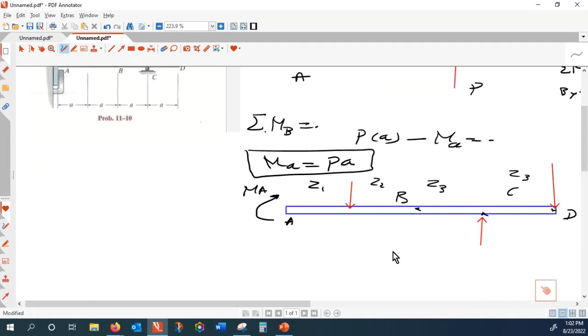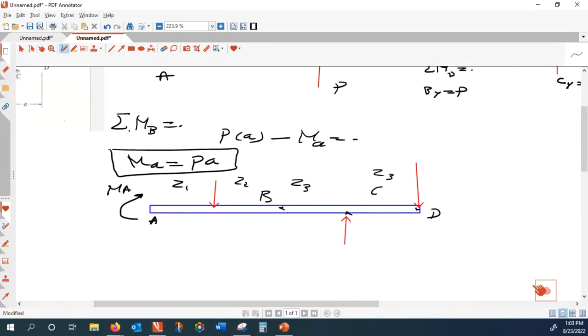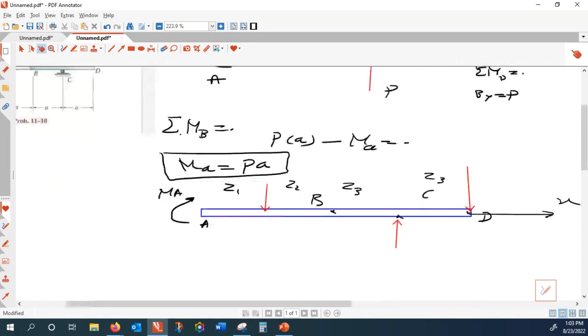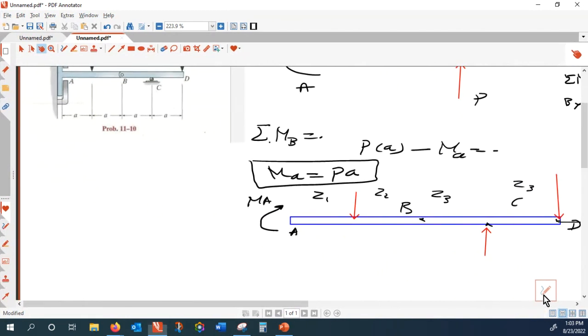We just keep the x-axis going from A to D. So starting with zone A, zone 1, X is between 0 to A.